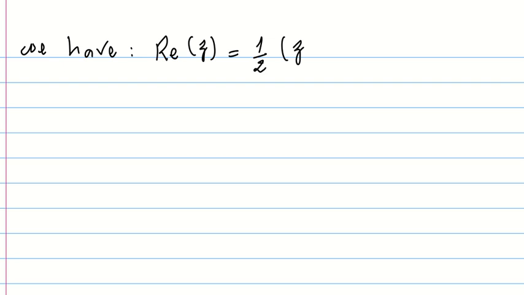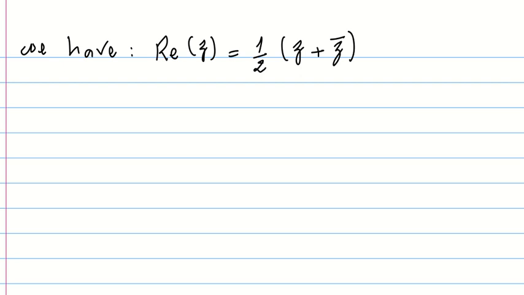So we have that the real part of any complex number is equal to half of this number plus its conjugate.